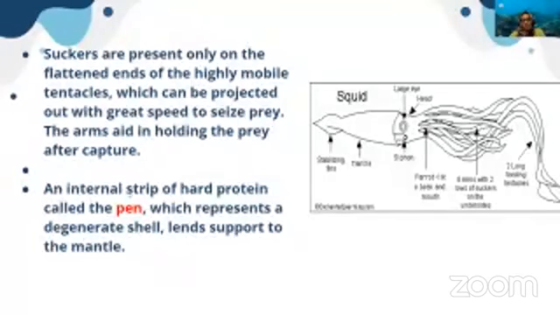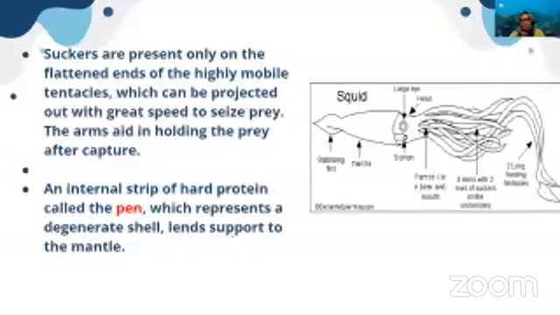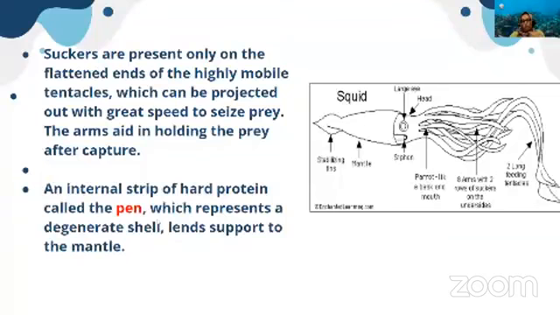The internal strip of hard protein called the pen, which represents a degenerate shell, lends support to the mantle. So this reduced shell-like thing is called the pen, which supports the mantle.